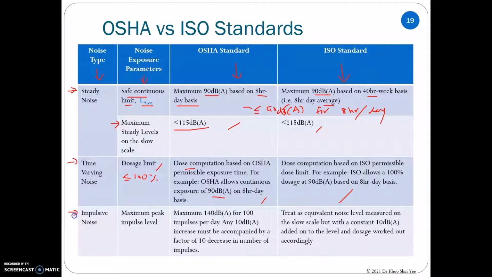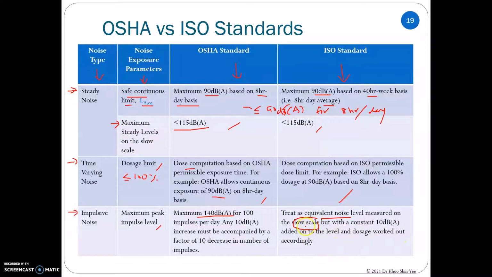For the impulsive noise, we can use the maximum peak impulse level as the noise exposure parameter. For the OSHA standard, we use the maximum 140 dBA for 100 impulses per day. For the ISO standard, it treats the impulsive noise as the equivalent noise level measured on the slow scale, but with a constant 10 dBA added to the level, and dosage worked out accordingly.